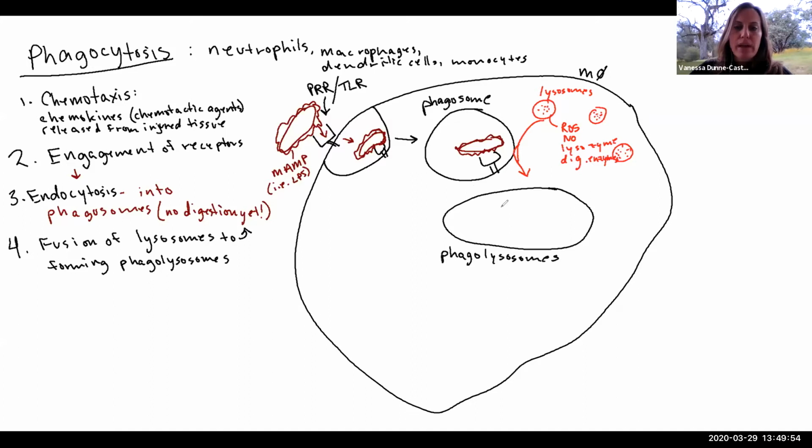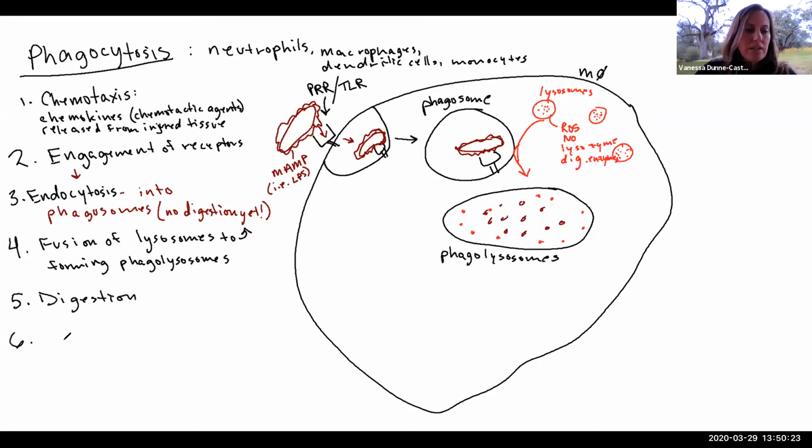So in here, now we have digestion of that bacterial cell with all of these digestive enzymes all over the place, and the reactive oxygen species, all that stuff that's in there. So this is our digestion factory. So here we have digestion with all those parts that we just mentioned.